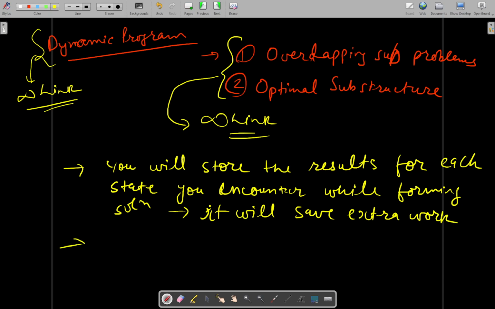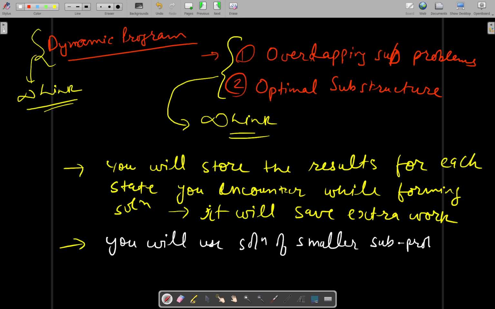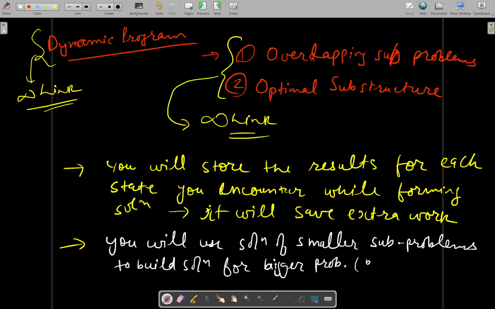And what you will do is use the solutions of smaller subproblems to build a solution for bigger problems, or say bigger subproblems.